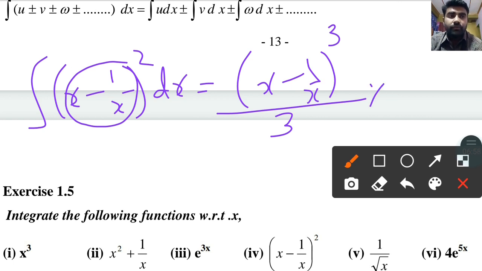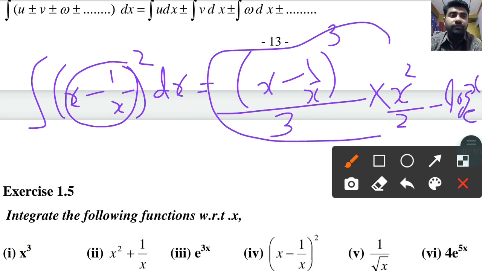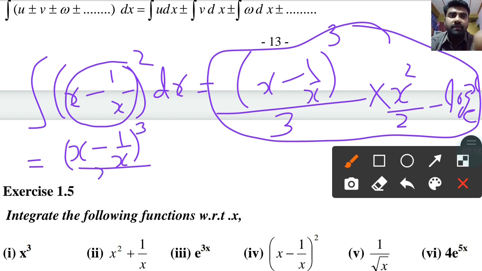So into individual integration, so x dx gives x square by 2, minus 1 by x dx, that is log x base e. So that is the solution for this, right? So I can write it is equal to x minus 1 upon x raised to 3 upon 3, into x square by 2.